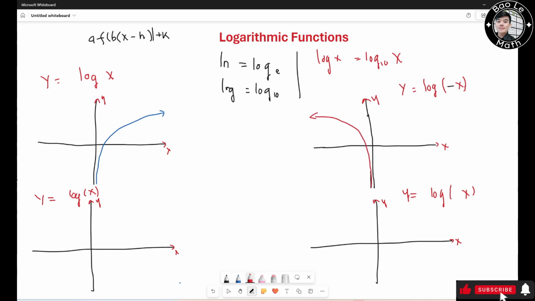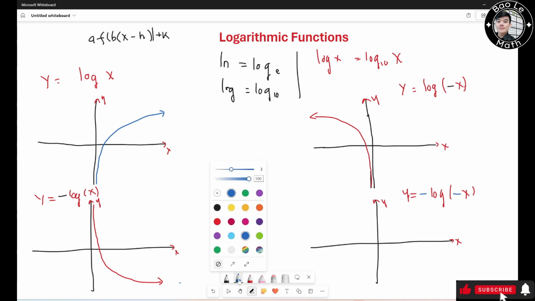Now, the third case, if you multiply the output by a -1, the function reflects over the x-axis. So the original function, when it's reflected over the x-axis, could be something like this. And the last case, if you multiply the input and output by a negative number, the function reflects over the x-axis and the y-axis.